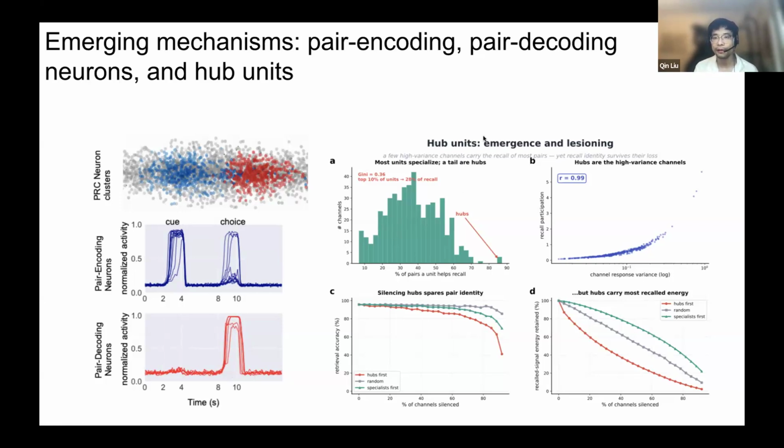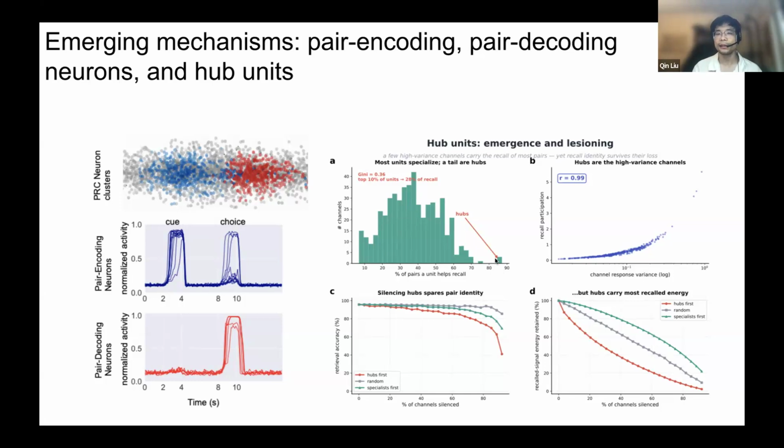And then I found there are some hub units that emerged out of the simulation. In subpanel A, following the arrow, you see there are only 4% of neurons, but they are involved in the encoding and retrieval of almost 90% of all the pairs. The other neurons are more or less involved in some pairs, but these 4% neurons are everywhere.